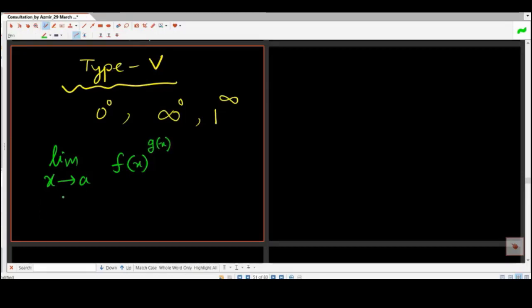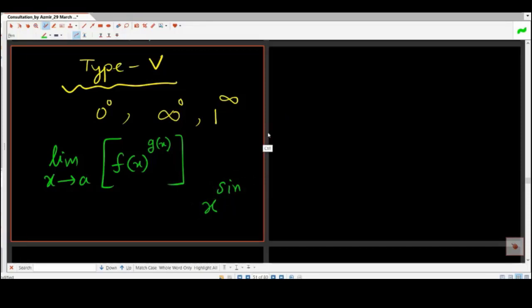You can understand this time that we have a function with an exponent which is also a function, just like x power sine x. It is f of x, and the exponent is also another function of x.